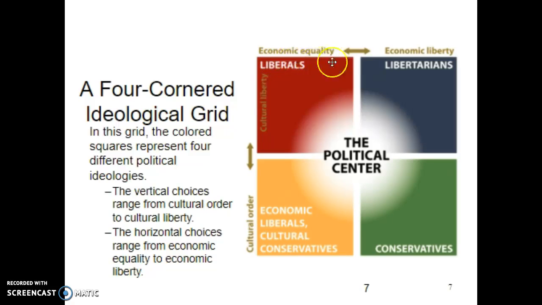And then our horizontal range here goes from economic equality to economic liberty. And it describes each group here and how they feel about equality versus liberty and order versus liberty, when it comes to, obviously, economics and culture.